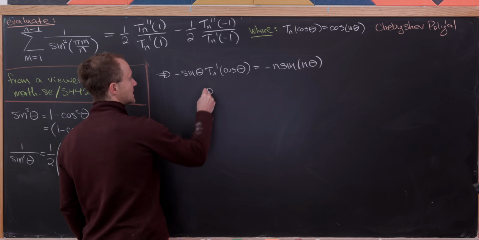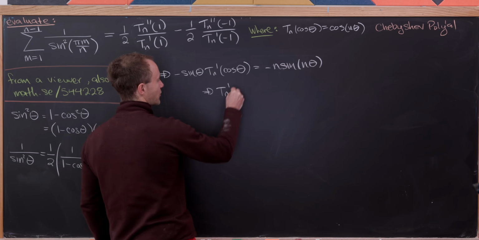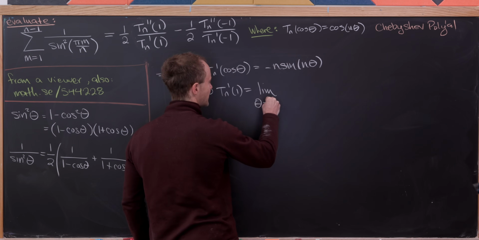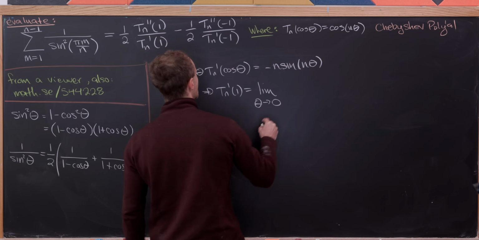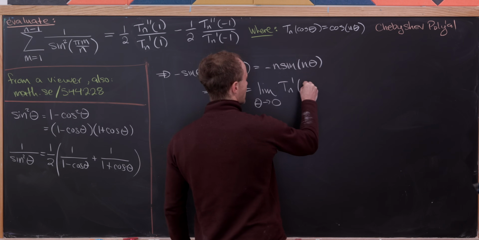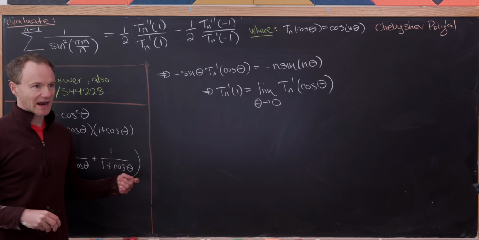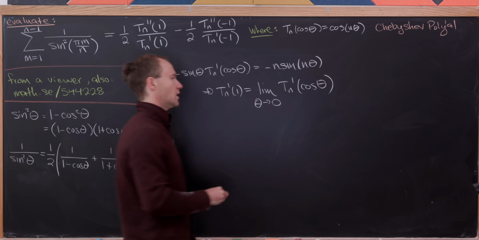Okay, but that means that T_n prime of 1 is equal to, I'm going to write this as, the limit as theta goes to 0 of T_n prime of cosine theta, given the fact that cosine of 0 is equal to 1.